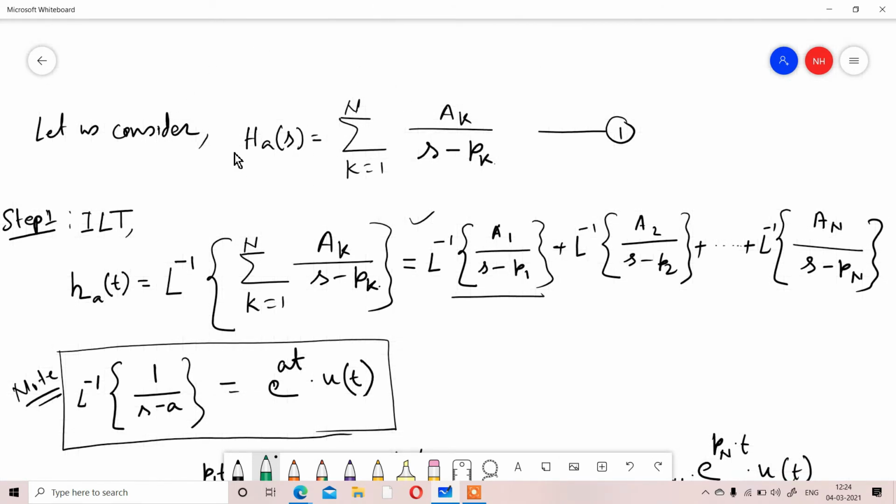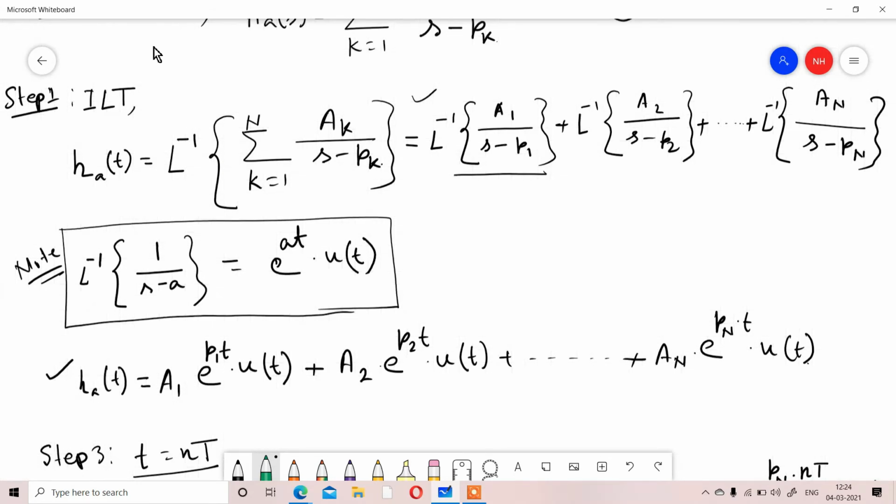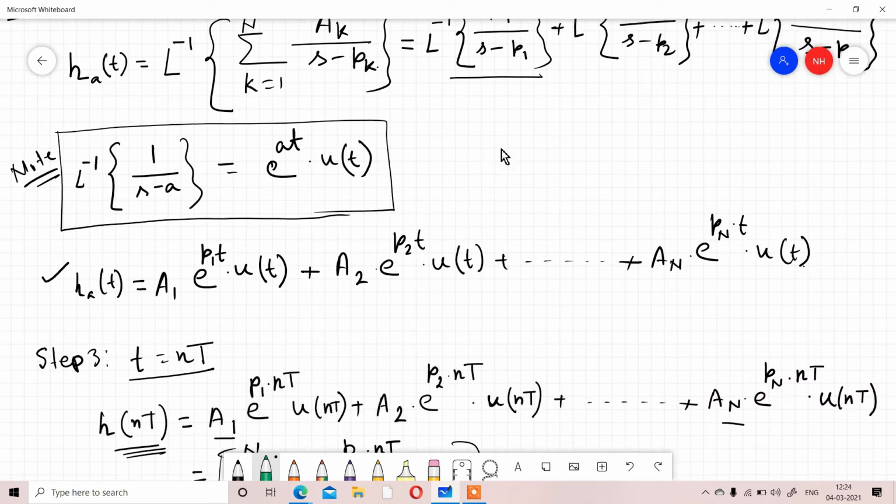We have an analog transfer function in the Laplace domain. That analog transfer function, in the first step, is converted into the time domain by using the inverse Laplace transform. So after using the inverse Laplace transform, we have got the transfer function in the time domain.